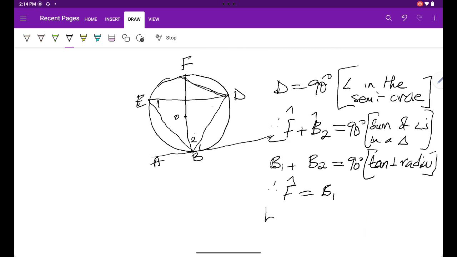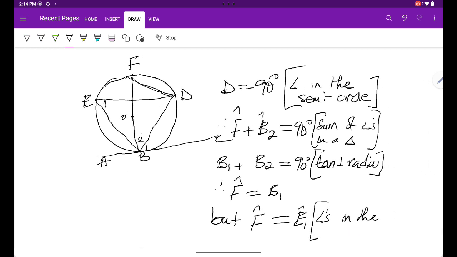But we know that angle F equals angle E1. They are angles subtended by the same arc, in this case chord BD, or they are angles in the same segment.